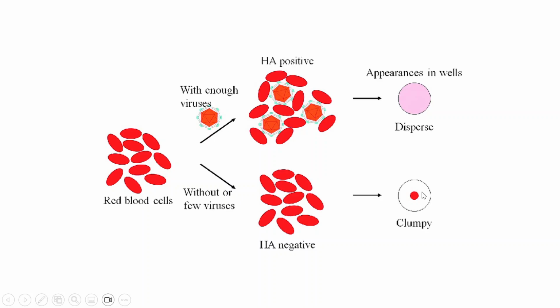You can see a red dot forming in the cells that do not have any virus. The ones that have the viral particles, since the red blood cells are getting agglutinated, appear dispersed in the wells, and do not show a single red dot.